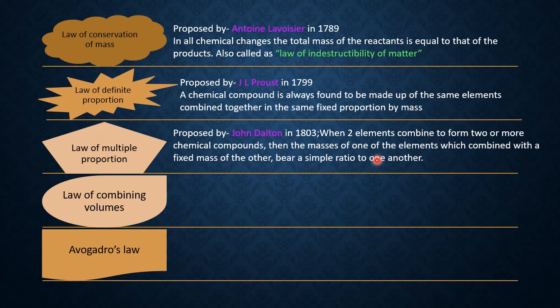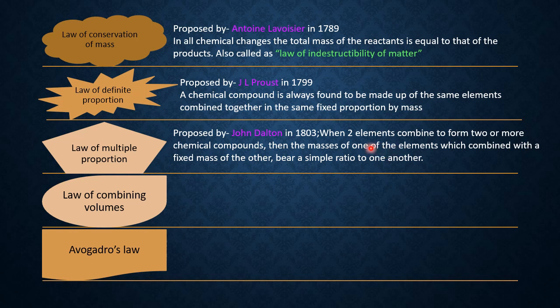Now, we'll go further with one more example, a better example to understand this. When hydrogen and oxygen combine to get two molecules, water and hydrogen peroxide, H2O and H2O2. In H2O and H2O2, the mass of the H2 is fixed, but the mass of the O is not fixed. Why?